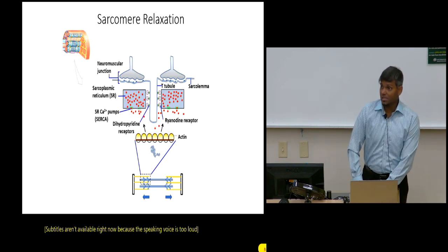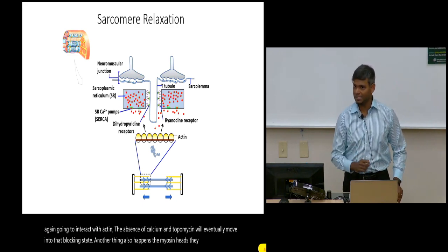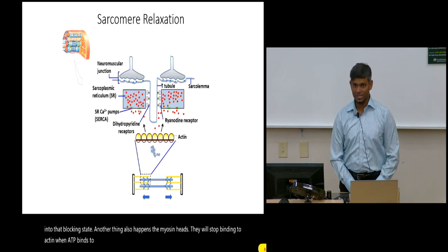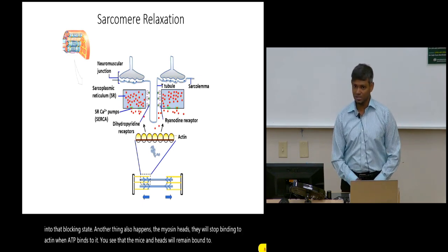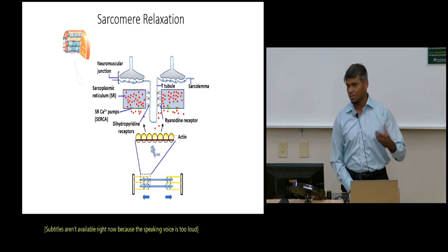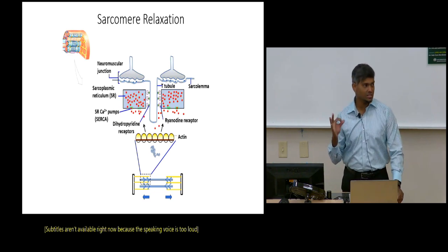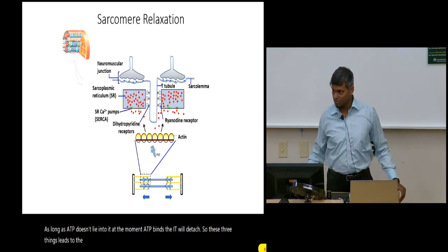Another thing also happens: the myosin heads will stop binding to actin when ATP binds to them. The myosin heads will remain bound to actin as long as ATP doesn't bind to them, but the moment ATP binds to the myosin head, it will detach. So these three things lead to the sarcomere relaxing and eventually the muscle relaxing.